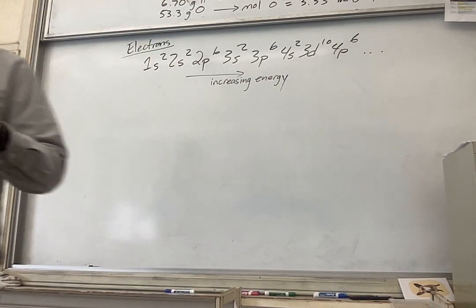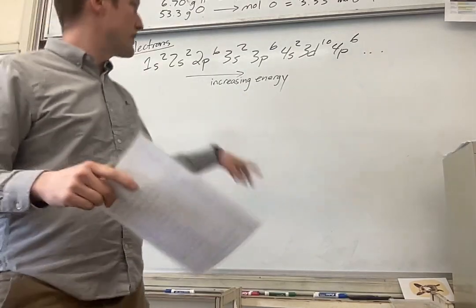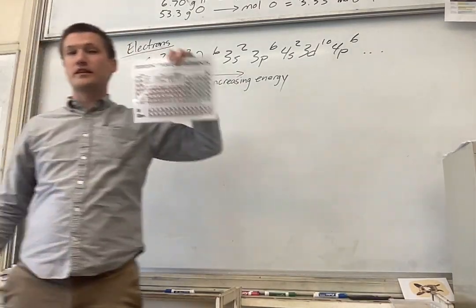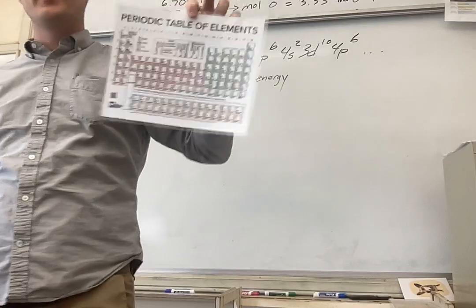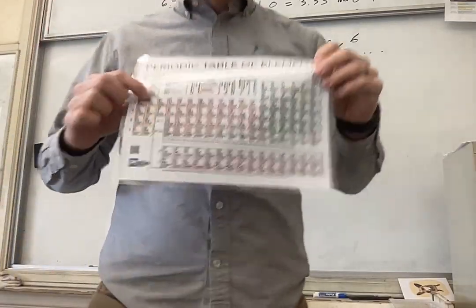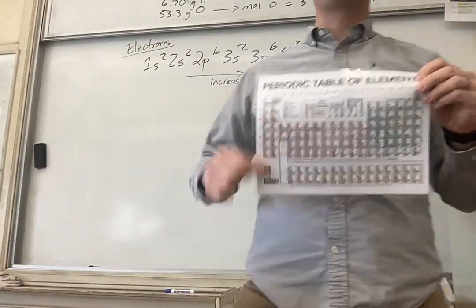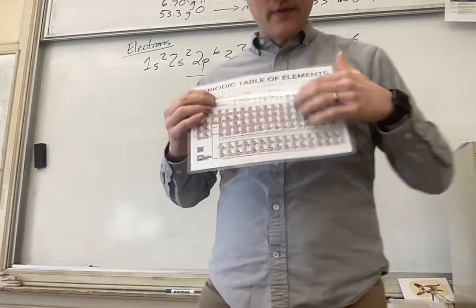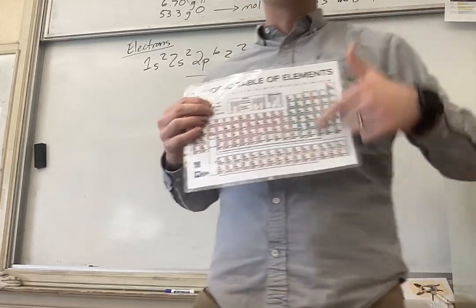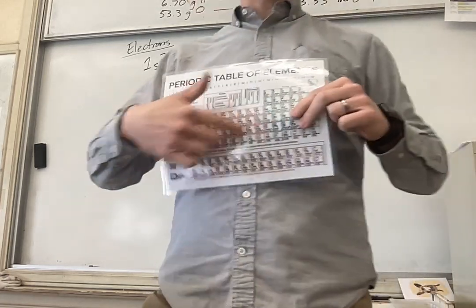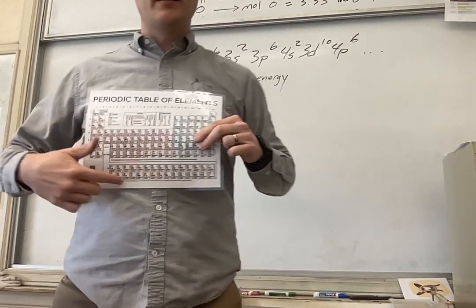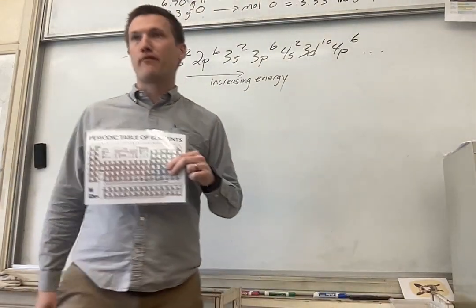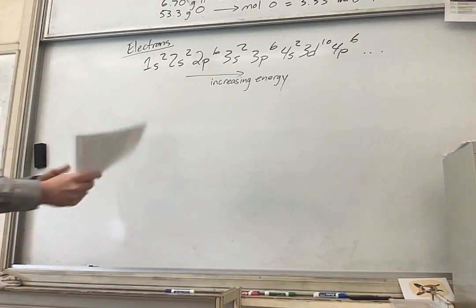Your easiest way to remember this is by looking at your periodic table and just reading across. The first 2 columns are the s block. This chunk over here is p. This chunk in the middle is d. And then the lanthanides and actinides are f.